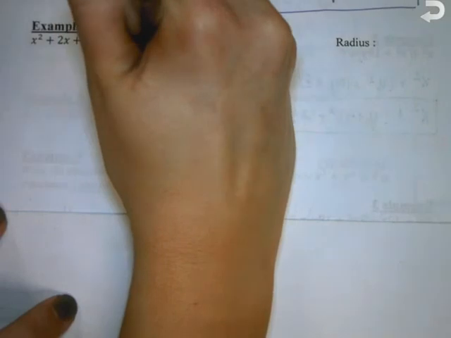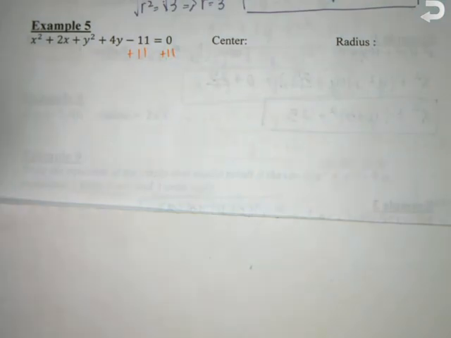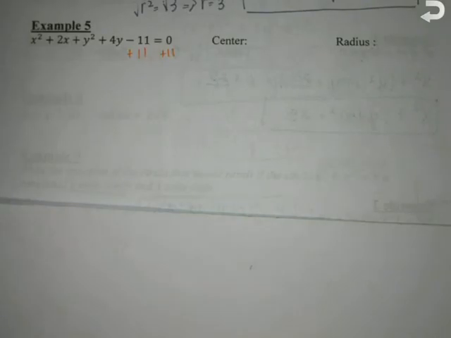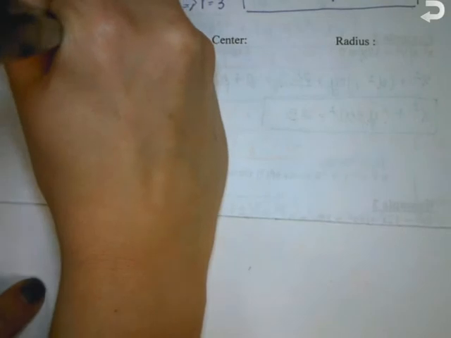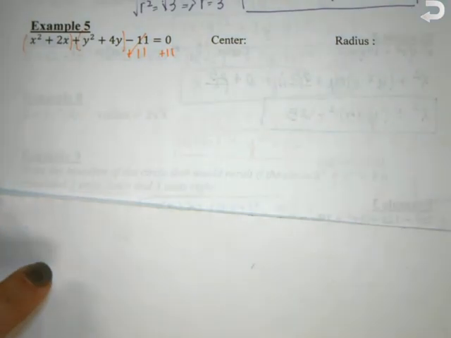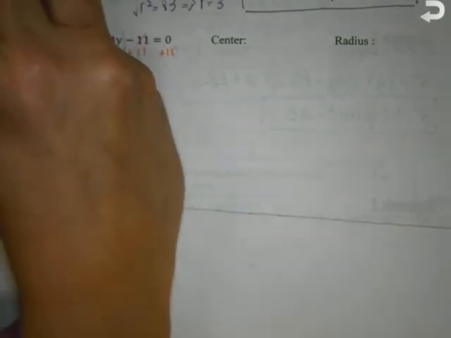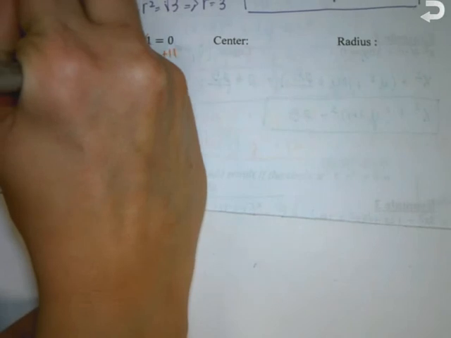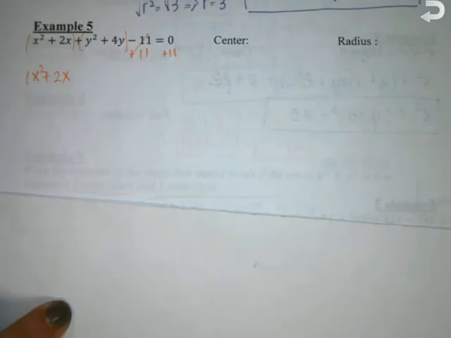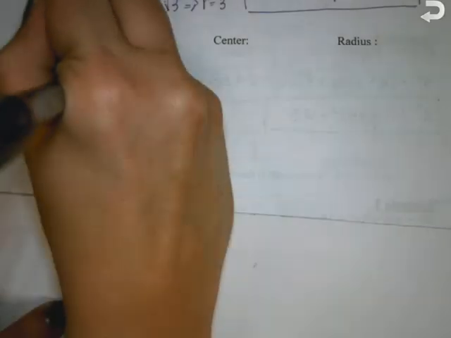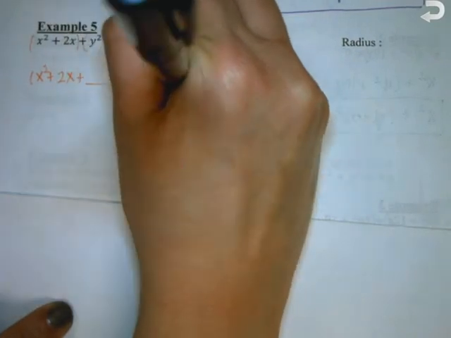The x's and y's. So is everybody okay with me doing that in one step? Yes. Okay, so this becomes x squared plus 2x plus blank, plus y squared plus 4y plus blank, equals 11 plus blank plus blank. Yes? Okay, do I have to factor anything out of these ones?